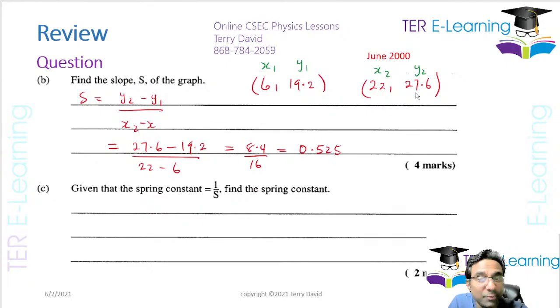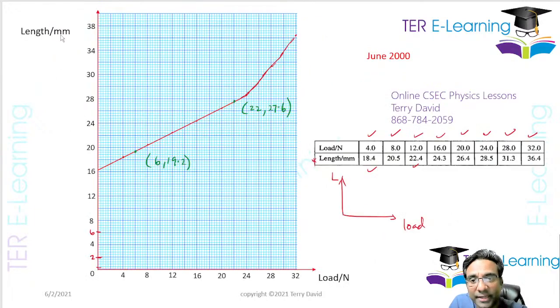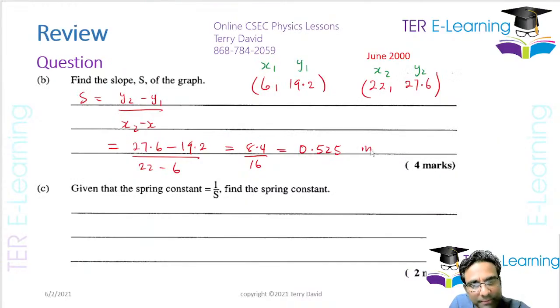Right? And again, we could give a unit. If you look at your graph, you have millimeter here and you have Newton. So your unit is going to be millimeter per Newton, and that's it. Just like in the previous question, they want you to get a spring constant. So my spring constant is 1 over s, right?